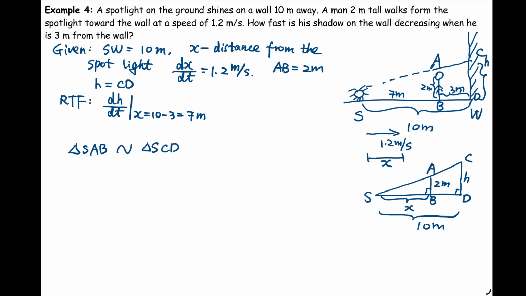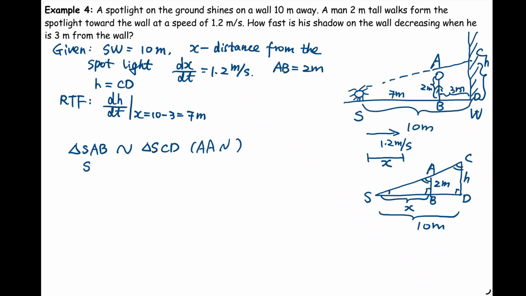Here be careful, the order matters. Angle S equals angle S, angle A equals angle C because they are parallel, so both of them are vertical, and angle B equals angle D. So this is angle similarity.